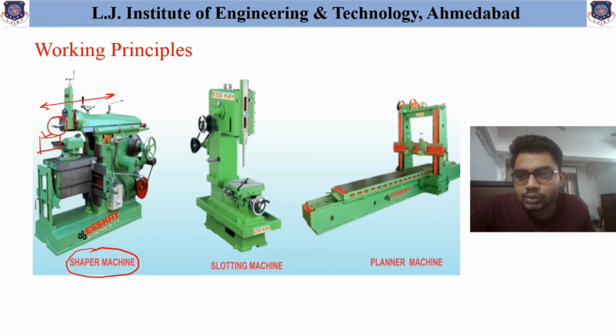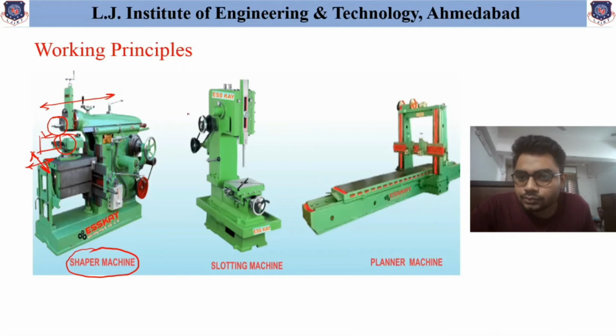Another auxiliary motion that is required is table movement, which carries the workpiece, and this can be moved in the longitudinal direction or in another horizontal or vertical direction on the plane. This movement is obtained by another mechanism that we will discuss in our further topics.